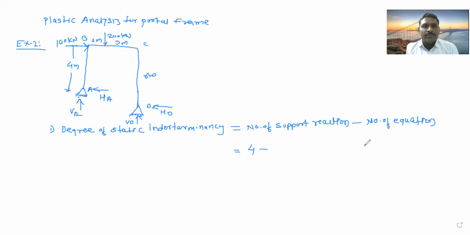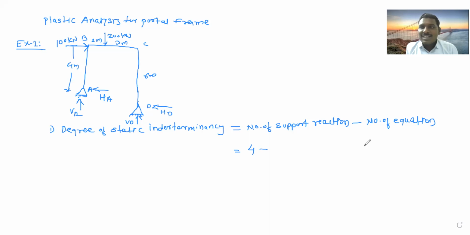One question I will ask: if a structure is stable, how many equilibrium equations are required? 3 equations.